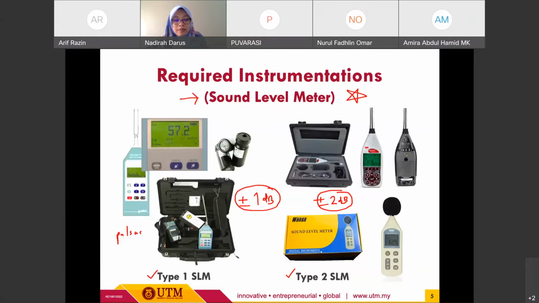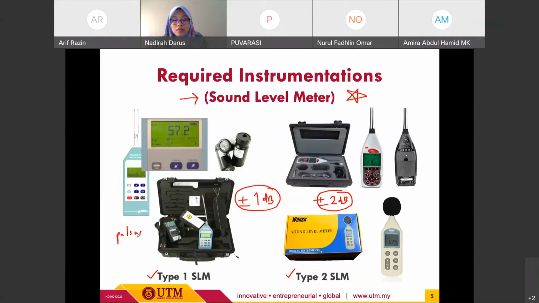Okay, so for this model, kalau kita refer, dia punya type 1 consists of several modes ataupun several parts for the measurement. So kita either can use sound level meter punya mode, and then the other two we have measurement for frequency. Okay, as I mentioned last night or in our previous class, there are two main frequency types or frequency bands that we use for the measurement purpose, such as frequency octave 1 and the other one is 1/3 octave.